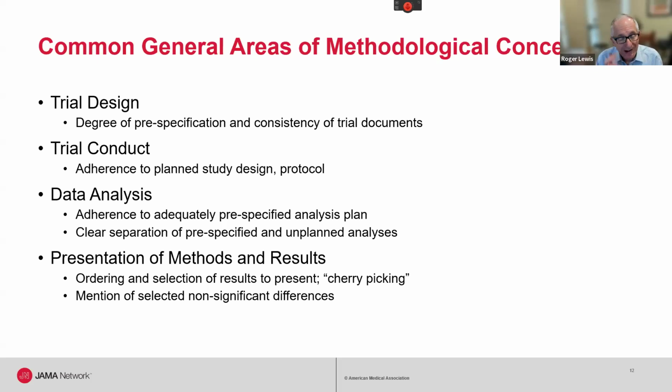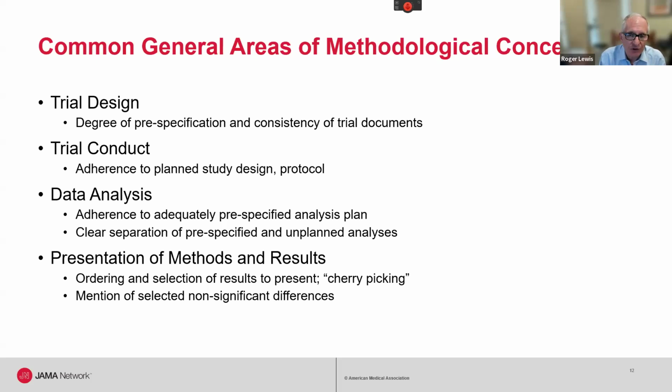You want the trial conduct, to the extent possible, and we all understand this is never perfect, to be adherent to the planned study design. And, areas of non-adherence are non-adherence to the assigned treatment, so-called crossovers, dropouts, missing data, basically anything in which the behavior of the patients or the data collection, or I should say the trial staff as well, deviate from what you intended.